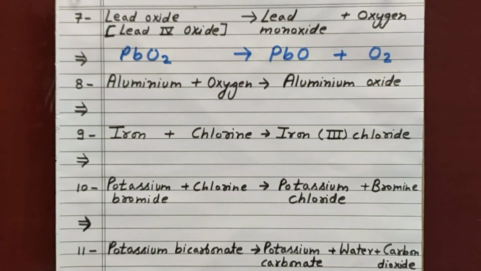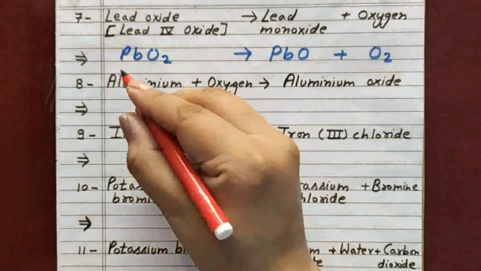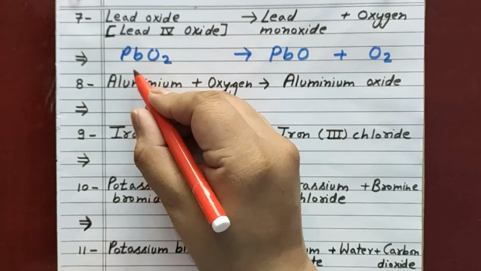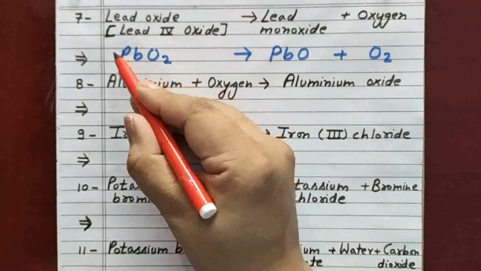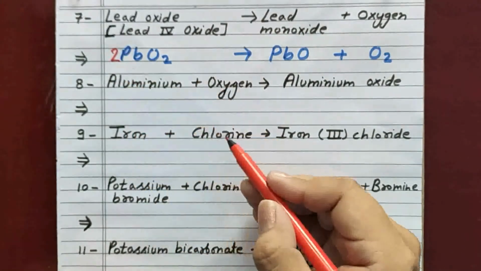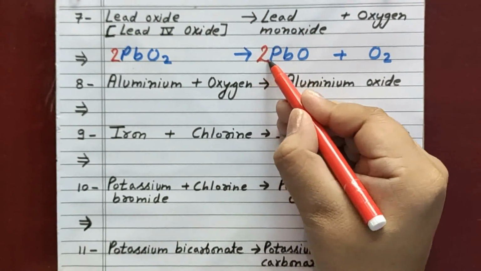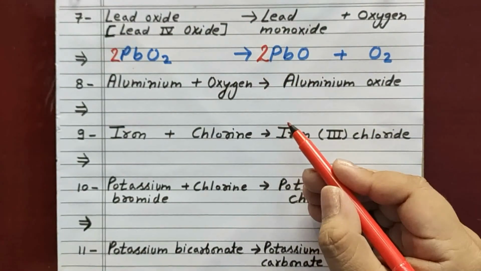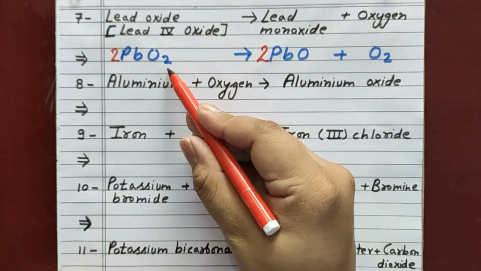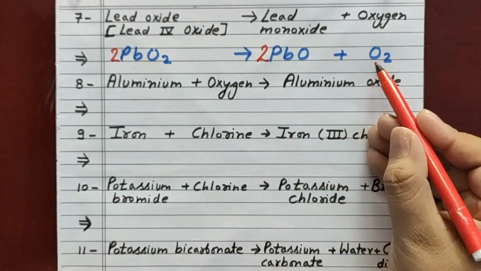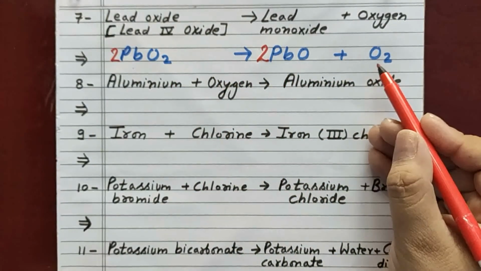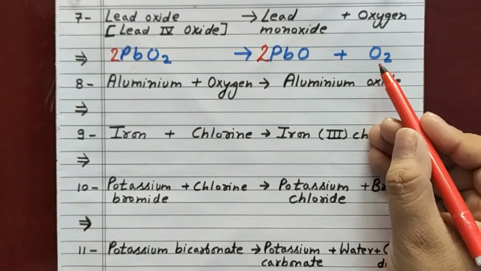Balancing it, since the equation is not balanced with 1 mole of the reagent, we are going to take 2 moles of it. Now for balancing Pb, we are going to write down 2. Oxygen atoms are 4 on the reactant side and 2 plus 2, 4 on the product side. So this is our 7th balanced equation.